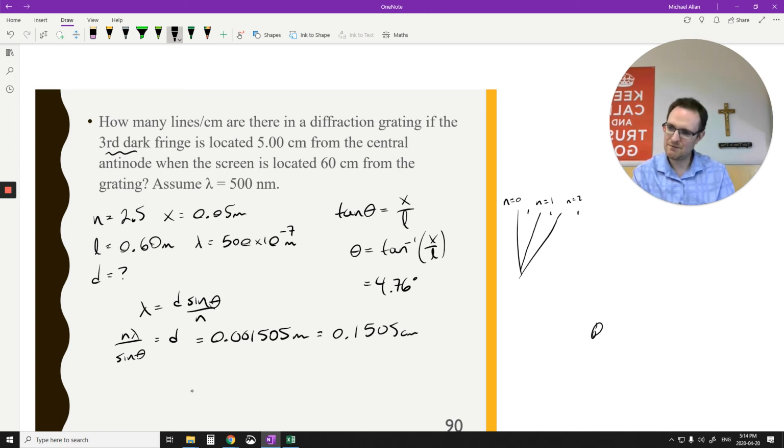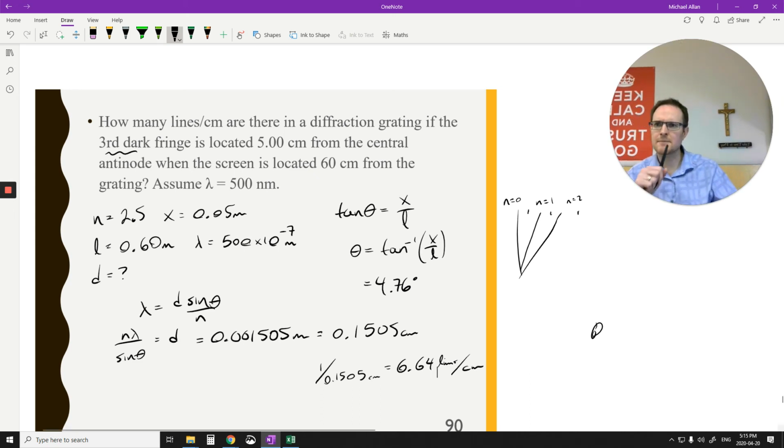Then I'm going to take the reciprocal of this, 1 over this answer, to find out how many lines I can fit in 1 centimeter. So 1 over my answer, 6.64 lines per centimeter. Not very much there actually.